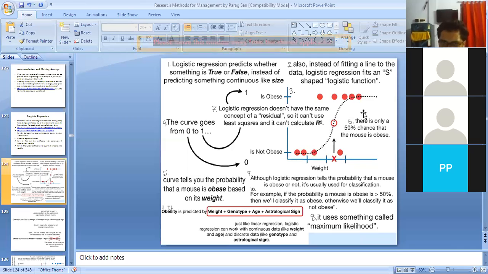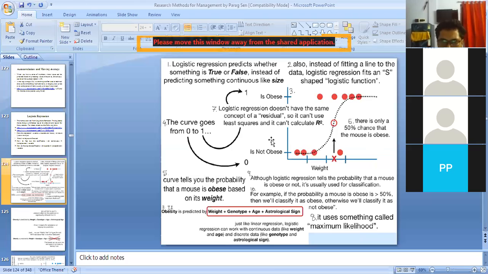You can clearly see from the graph that mice that are heavy have a higher probability of being obese, and mice with less weight have less tendency to be obese. If you consider this point and draw a vertical line, it will cut here, so there is a 50% chance that the mouse will be obese.